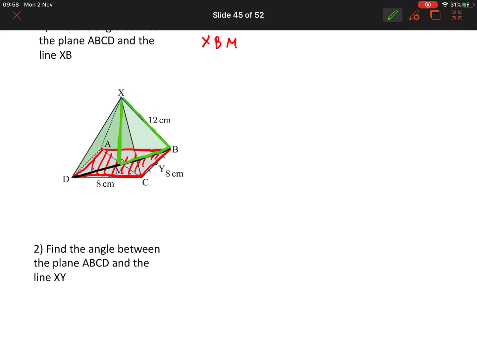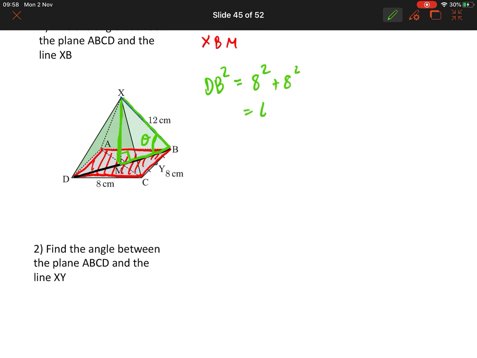So we're going to have to find MB at the moment. Here's my right angle. So we know the hypotenuse of that right-angled triangle is 12. This is the angle we're trying to find. So we also want to know the adjacent, which is MB. Well, MB is half of DB.